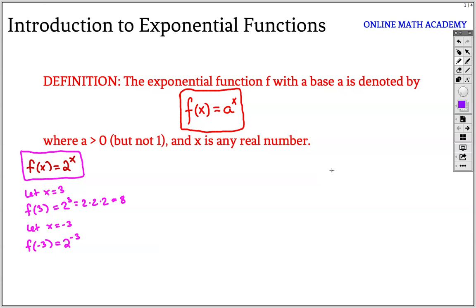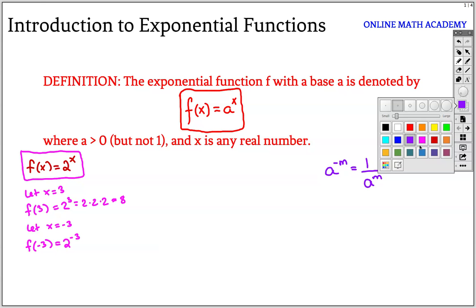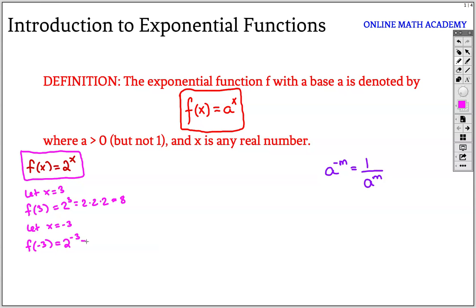Remember in exponents, if you have a to the negative m, you can rewrite that as 1 over a to the m. So you can take 2 to the negative third and rewrite it as 1 over 2 to the third. And we just saw above that 2 to the third was equal to 8, so 1 over 2 to the third is equal to 1 over 8.